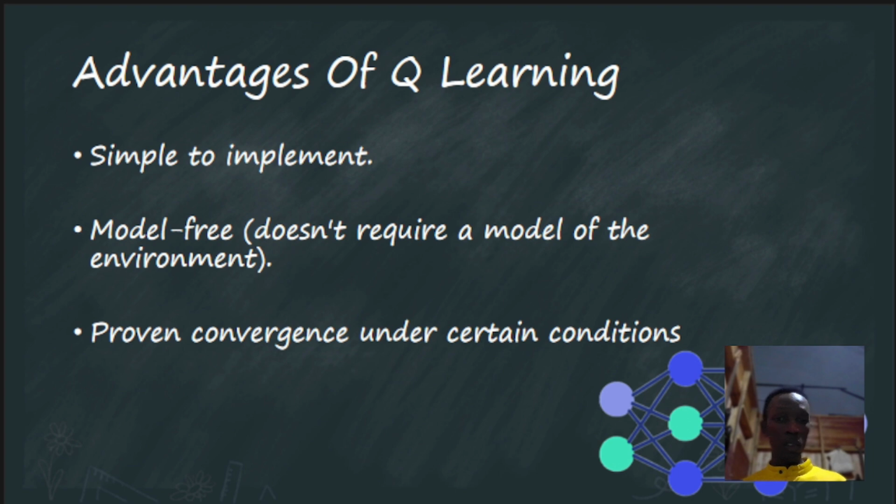And it also is proven to converge under certain conditions. This means that with enough training, Q-learning will find the optimal policy, the best possible way to act in every state to maximize the rewards. And this is very important.